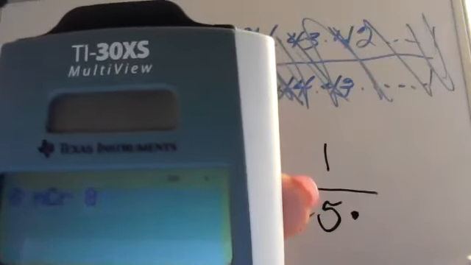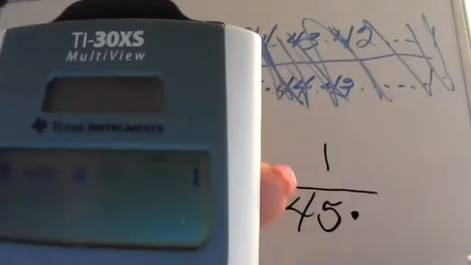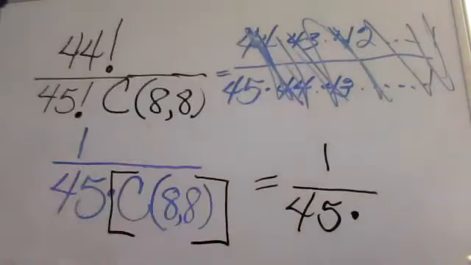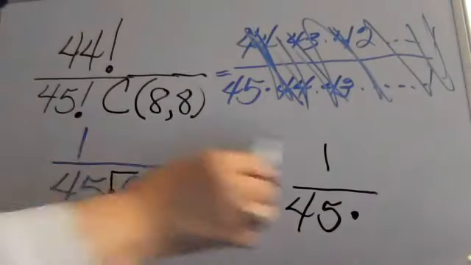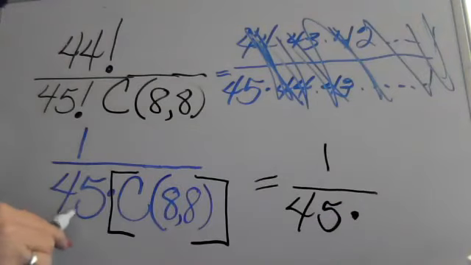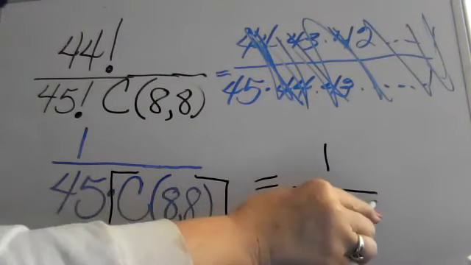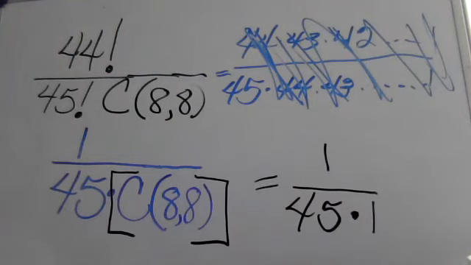I heard it. Who said it? Mary did, I think. What'd you get? Yeah, 1. It's going to be 1. So I have the 1 over 45 times 1. And so your answer is going to be 1 over 45.